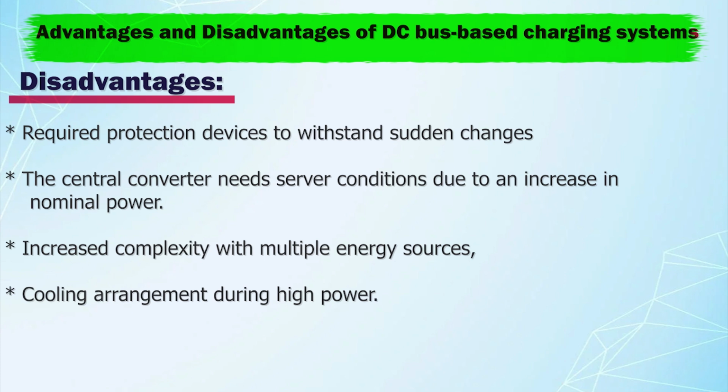Every unit needs to communicate with each other, and accordingly supply energy to the EV loads. So, energy management control is also essential in the charging stations. Cooling arrangement during high power is also essential in this type of charging station.